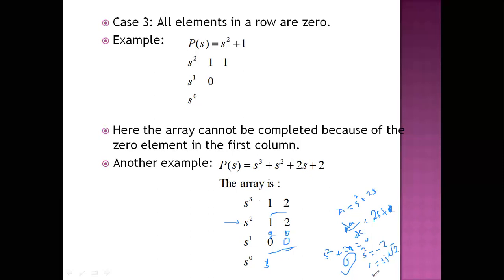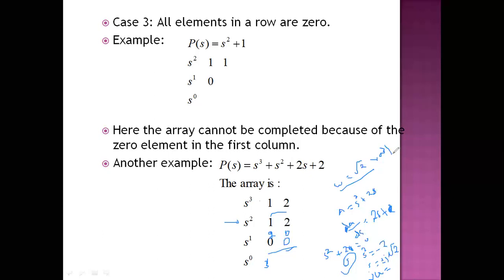So s equal to j omega, omega equal to plus or minus root 2, the oscillation frequency, in radian per second.